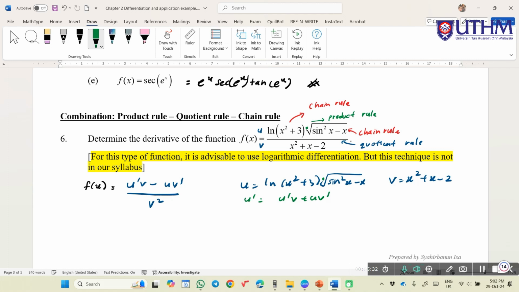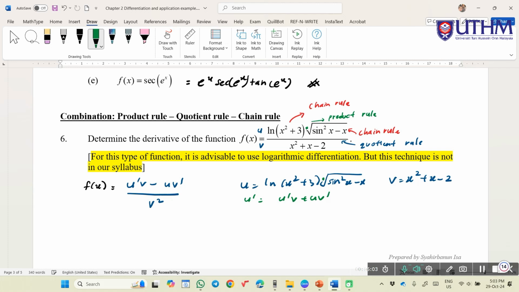If you look at any reference book, we need to change the parameters here, because the functions here are not only u and v. Maybe we can use a, b, c, d, or u1, u2, because we don't want to confuse which one is v and which one is u.